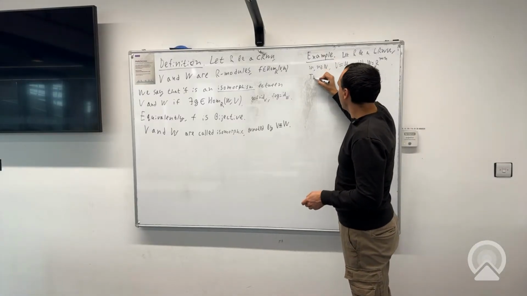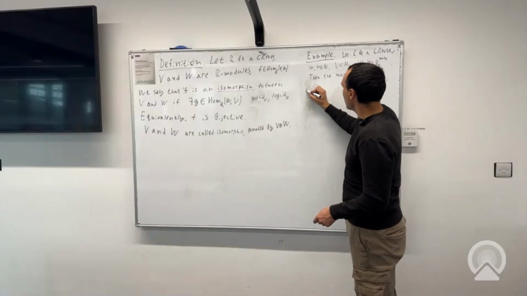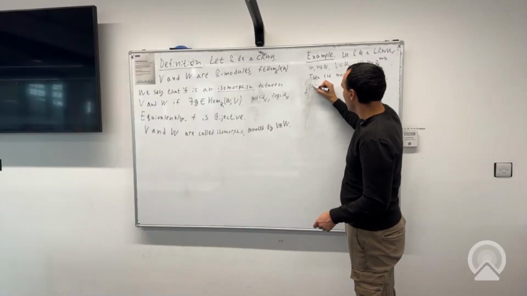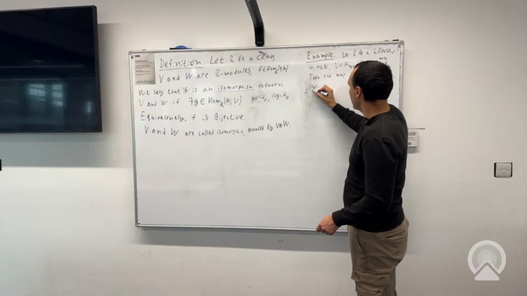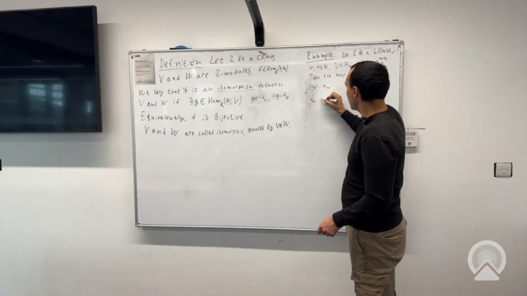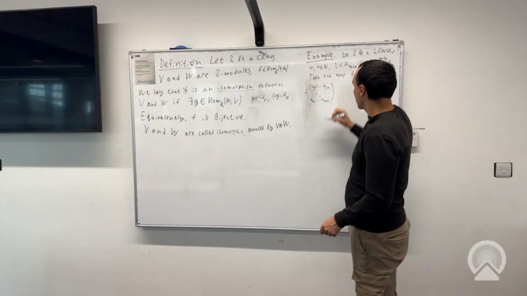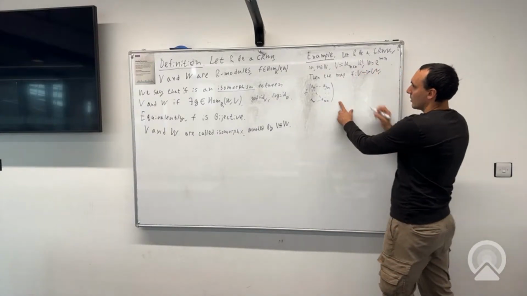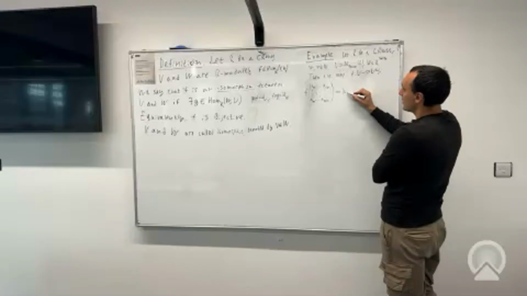Then the following map, V to W, given by, so we start with a matrix, A11 through A1n, down to AM1 through AMN, and so on.